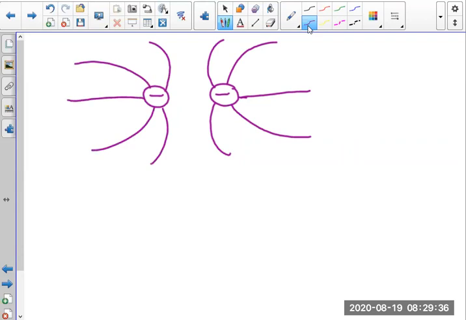This is enough lines to show them that this is the shape of the 2 negative point charges. Always away from positive towards negative. So for the mark, to get full marks, I have to show the direction in which a positive point charge will move in that field. So for that, you will get full marks.